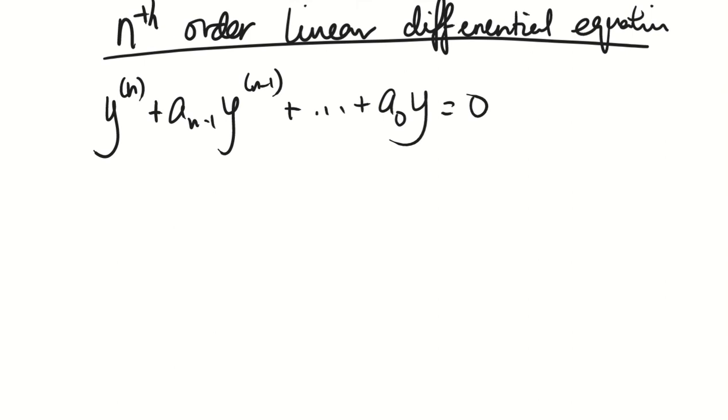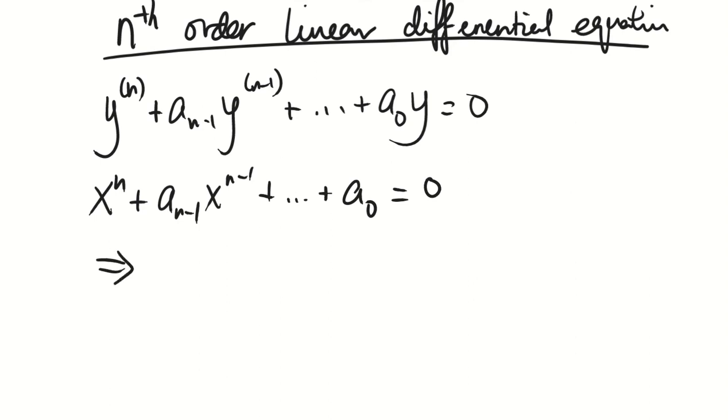So first of all, we look at the auxiliary polynomial x^n plus a_(n-1) x^(n-1) and so on, until a0. So if we have n roots, the roots are lambda 1, lambda 2, dot dot dot, lambda n.